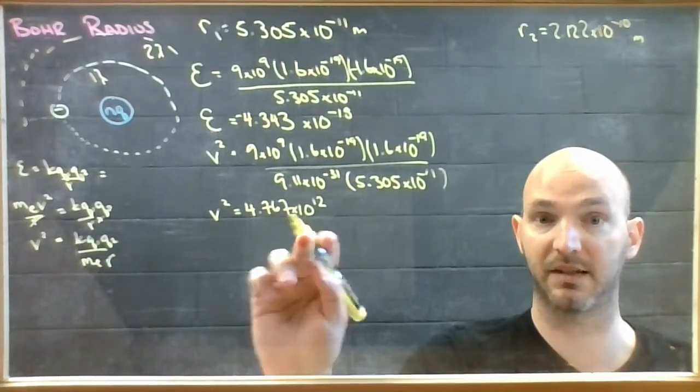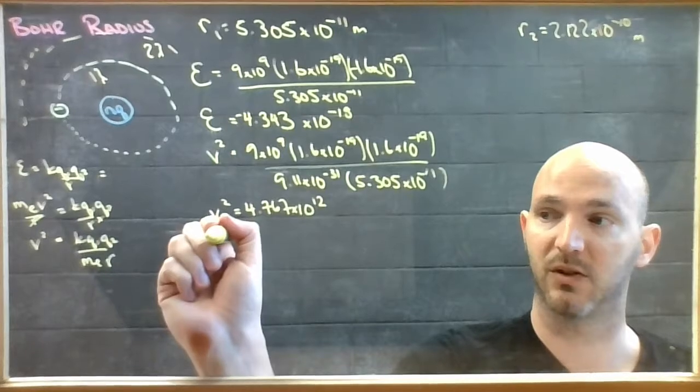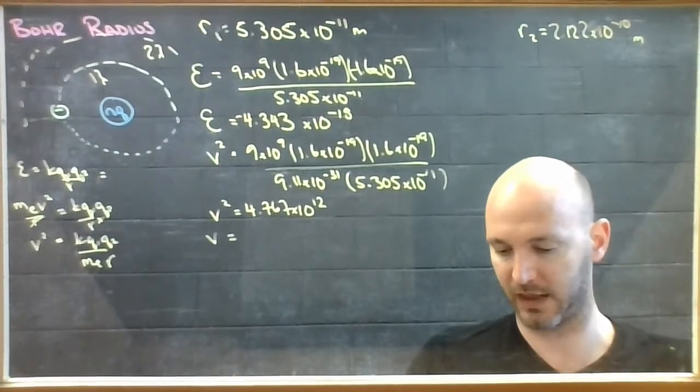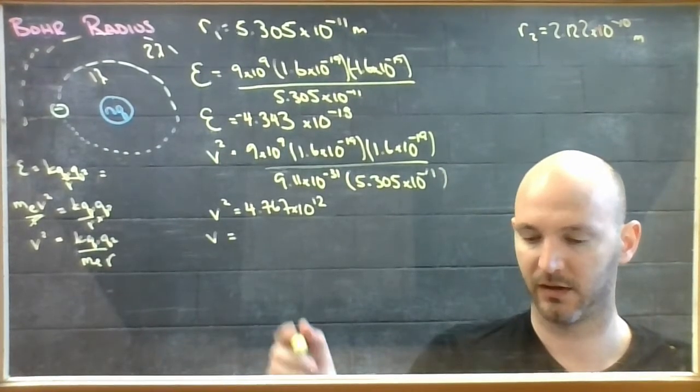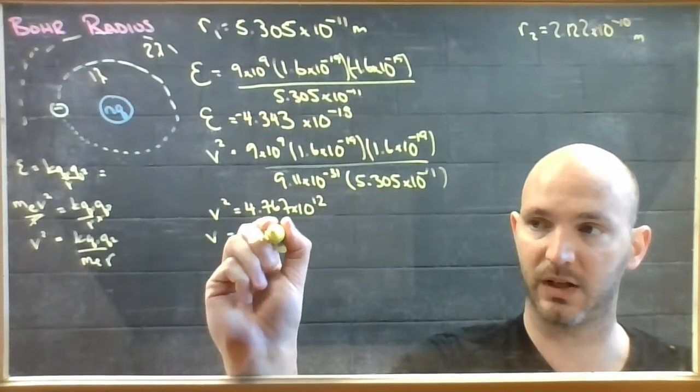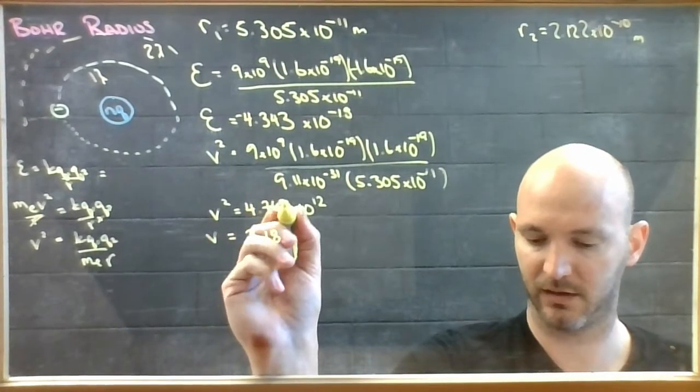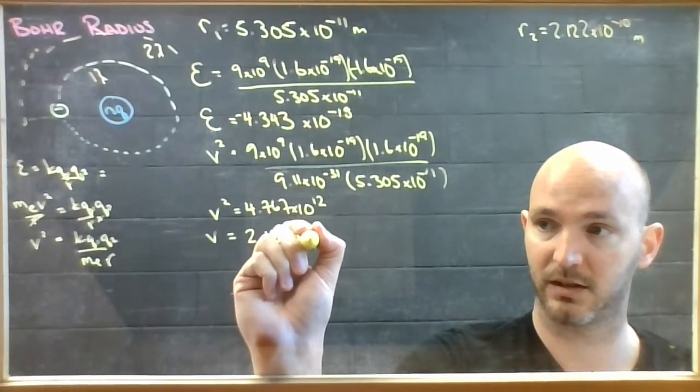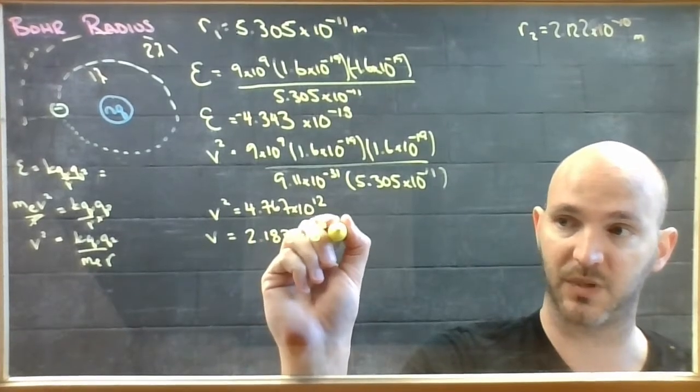Now that's the speed squared. So my speed then would be the square root of that, which gives me 2.183 times 10 to the 6 meters per second.